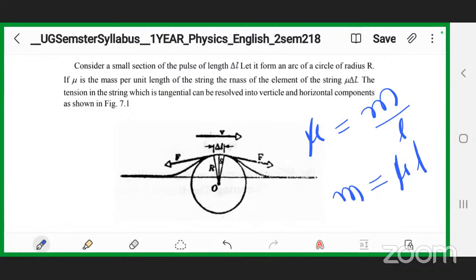But here the length is going to be changed. Why? Because here we are saying it is a very short length pulse.